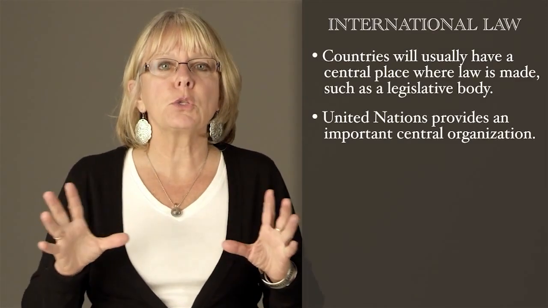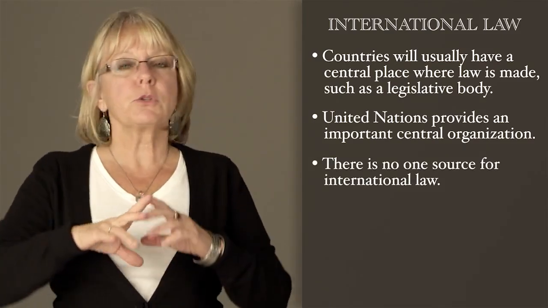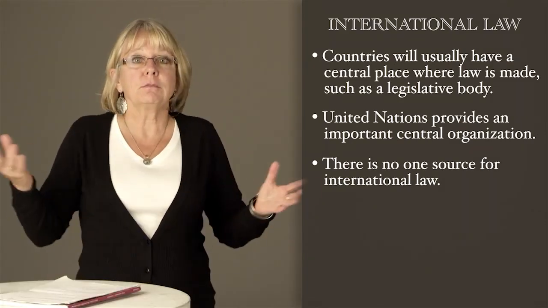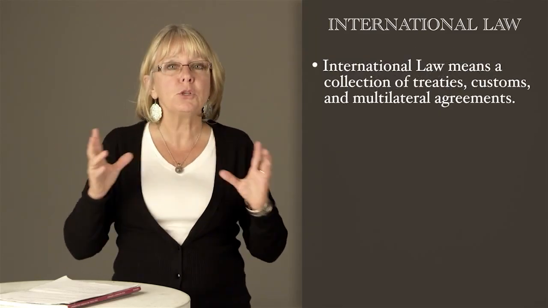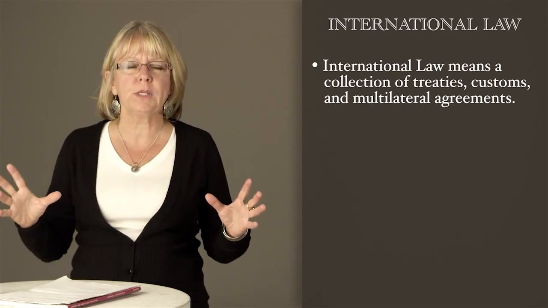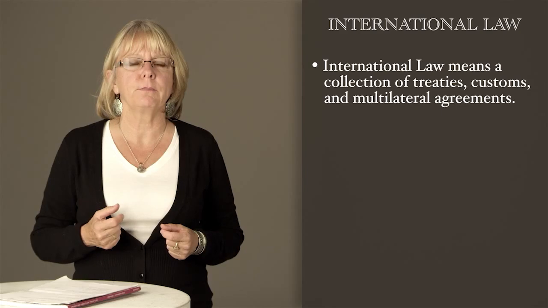And there is also no one source for international law. There's no single place to look for what it is. Well, so what is it then? Well, the term international law actually means a collection of treaties, customs, and multilateral agreements.